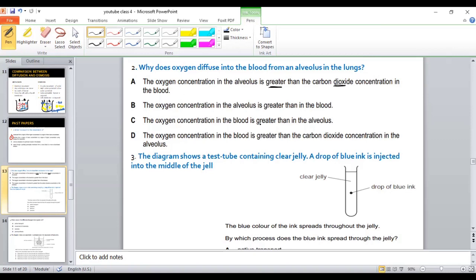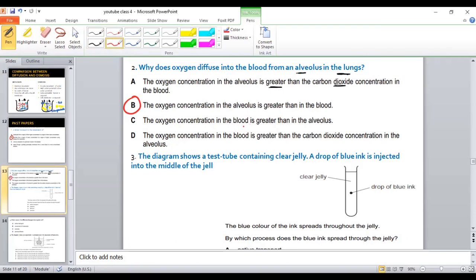The oxygen concentration in the blood is greater than in the alveolus? The oxygen concentration in the blood is greater than the carbon dioxide concentration in the alveolus? The oxygen is moving from an alveolus in the lungs, so the oxygen concentration in the alveolus is greater than in the blood. So it will allow oxygen to diffuse from the alveolus into the blood. So option is B.